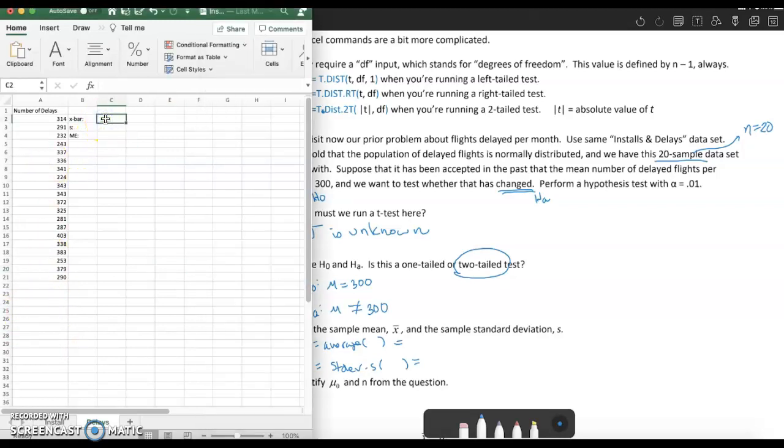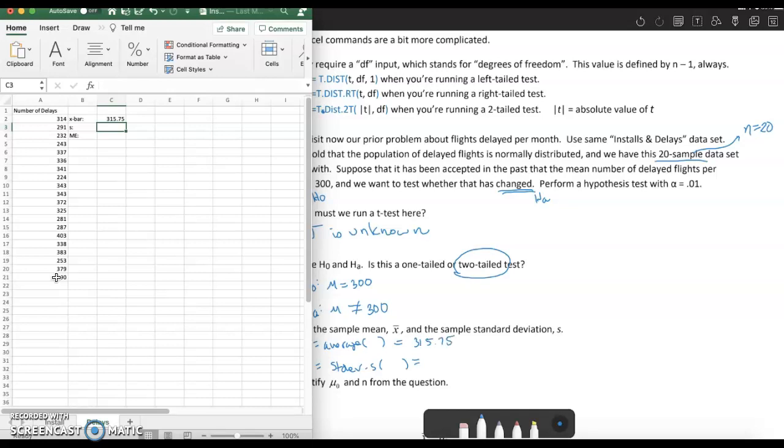So I'm going to go over to my Excel. Next to my x bar, I put equals average, and then highlight my data set and click enter. So it looks like our average is 315.75.